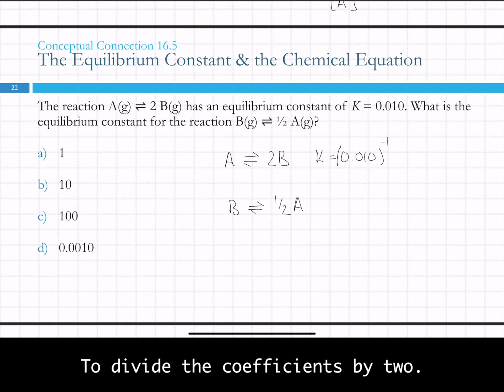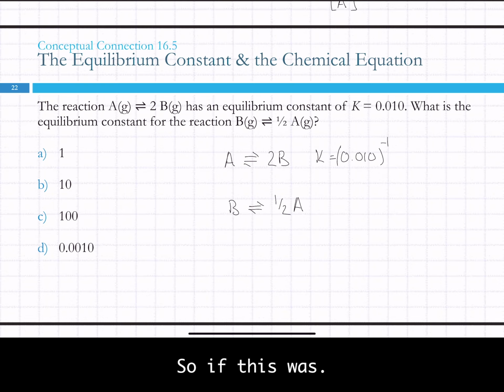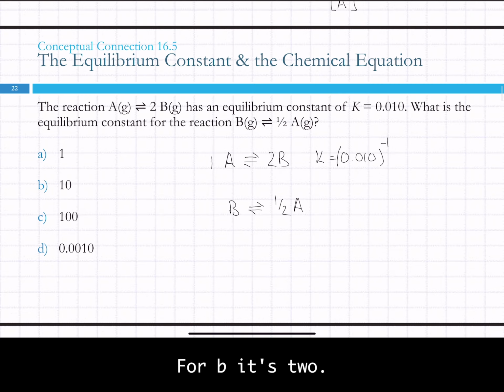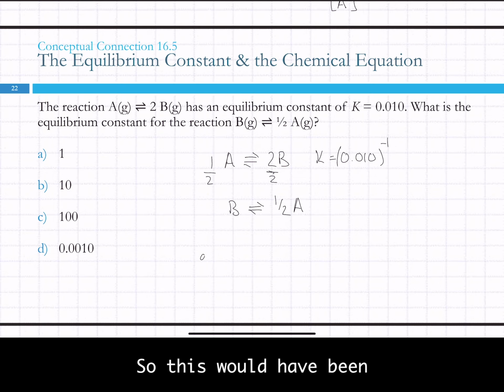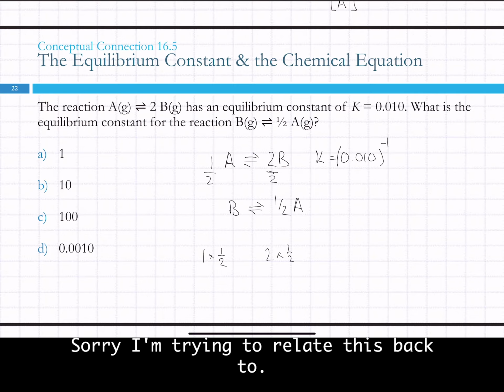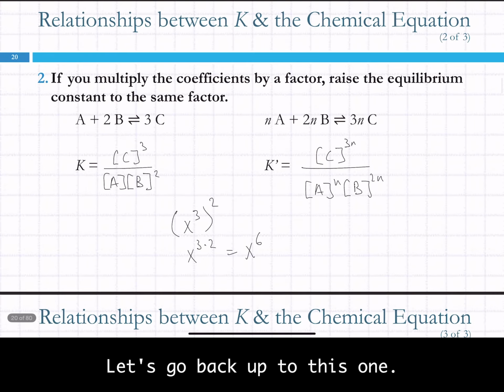Divided the coefficients by 2. So if this was, well, for A it was 1, for B it's 2. If I take that and I divide it by 2, so this would have been really 1 times 1/2, 2 times 1/2. Sorry, I'm trying to relate this back to, let's go back up to this one.